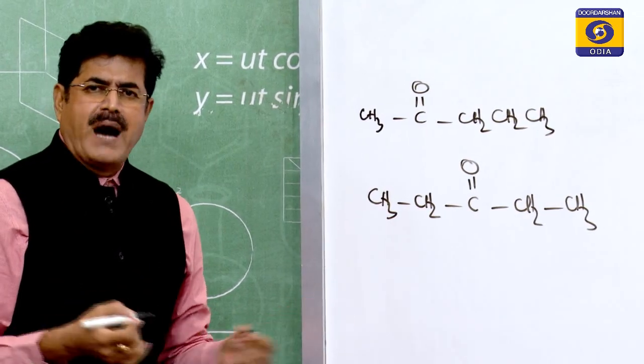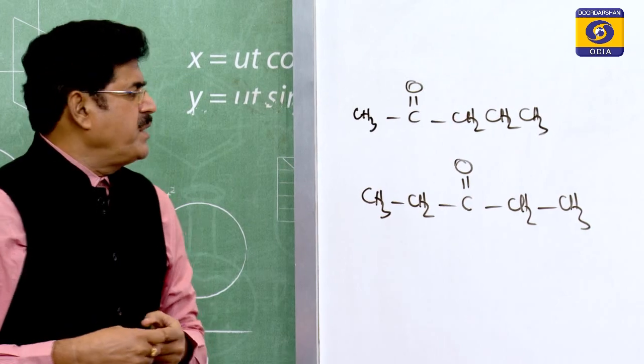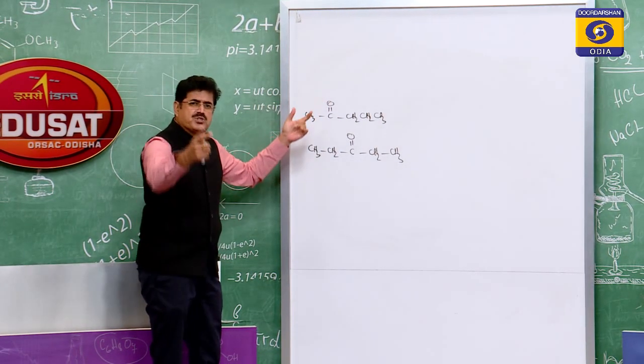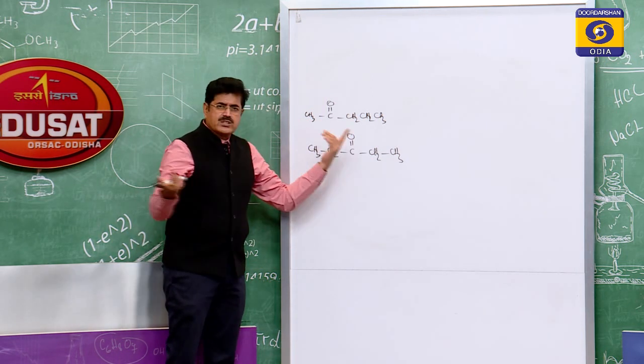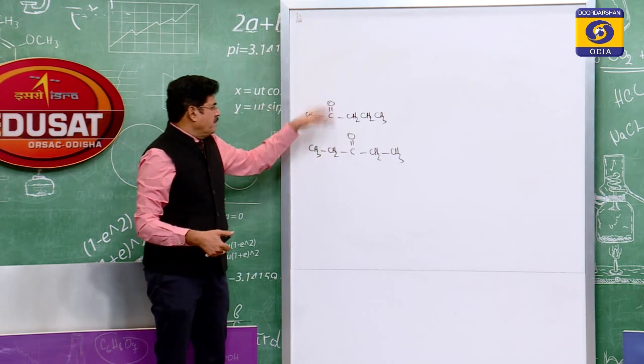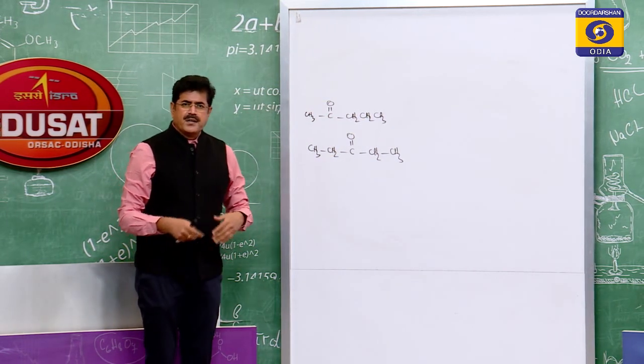By using sodium bisulfite, we can distinguish between these two compounds. Pentan-2-one gives the addition product, which is a crystalline solid, while pentan-3-one gives no reaction.